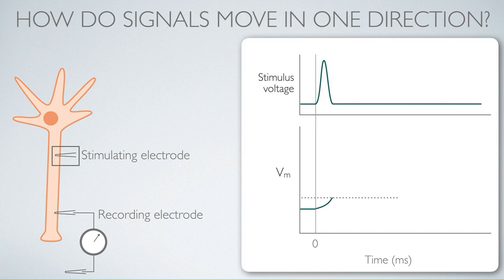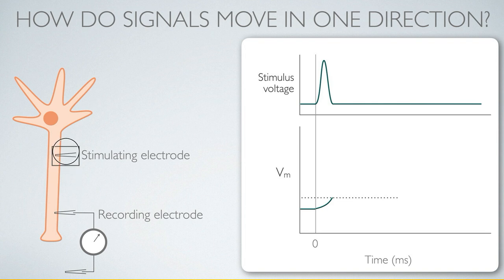So we have the depolarization that's driven by the depolarization just upstream of it. Okay, so we have the stimulus that we're creating here. That's going to trigger an action potential that's going to propagate. So what we're seeing at the recording electrode is the depolarization created by sodium in that region, not what's generated at the site of the stimulating electrode.